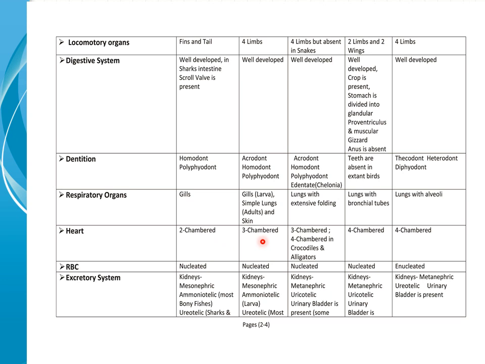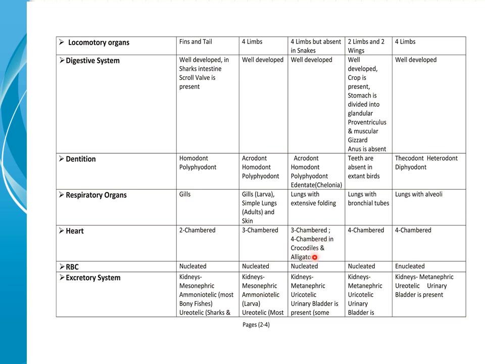Coming to the heart of amphibians, it is a three-chambered heart. It has got two auricles and one ventricle. In reptiles, the heart is three-chambered, but the ventricle is partially divided.